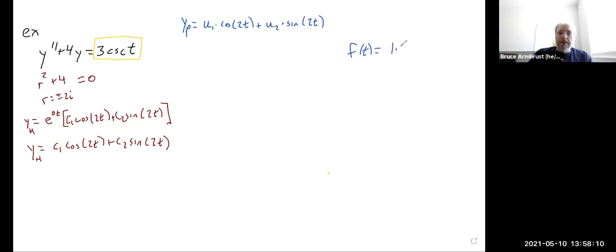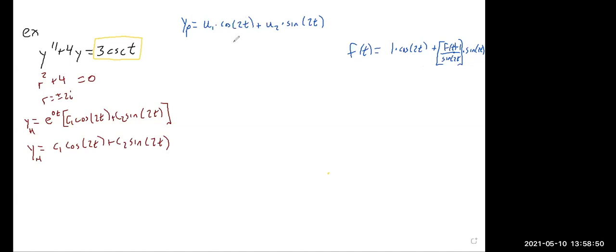We could make that 1 times cosine of 2t plus f of t over sine of 2t times sine of 2t. If I were to distribute this out, this is going to give me f of t. So no matter what function we've got, we can always write it as a product or sum of products of these guys with other functions.